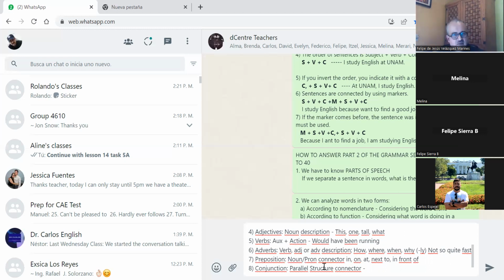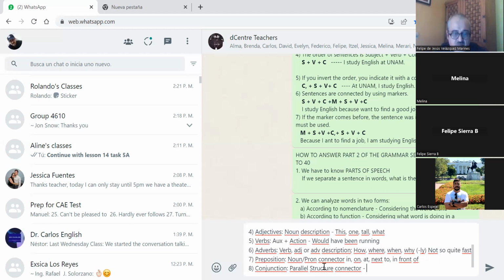Do you know that rock and roll are two verbs? A rocking chair, no? Hip hop. So conjunction: parallel structure, connector.